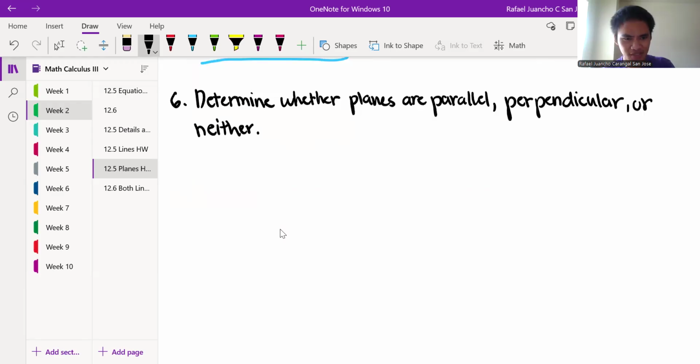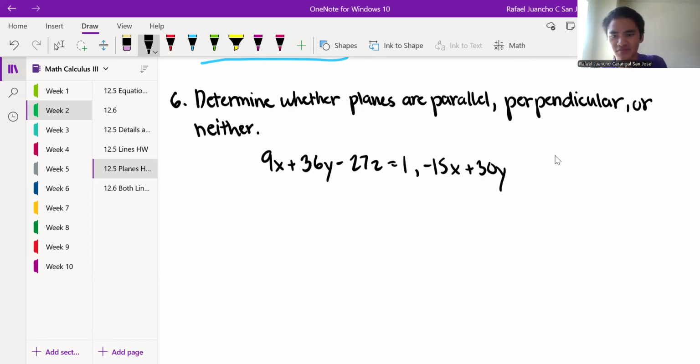Okay, so the two planes that we're given are, let's say, one is through this equation, 9x plus 36y minus 27z is equal to 1. Another one is negative 15x plus 30y plus 35z is 0.